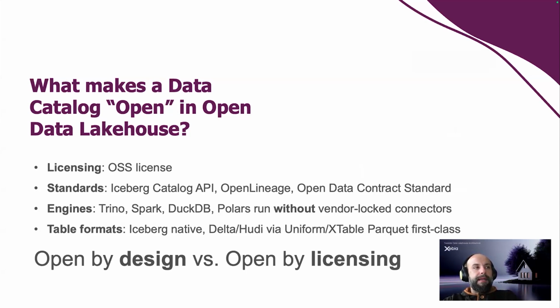We also think that the other definition of openness in the open data lakehouse is when data catalogs, also the proprietary ones, are supporting open standards, like, for example, Iceberg data catalog, OpenLineage, open data contract standards.